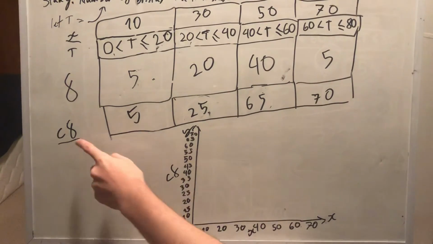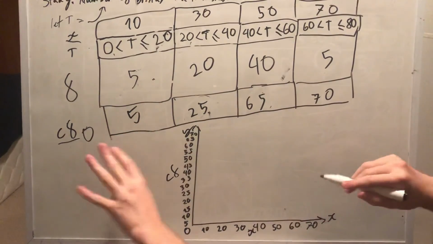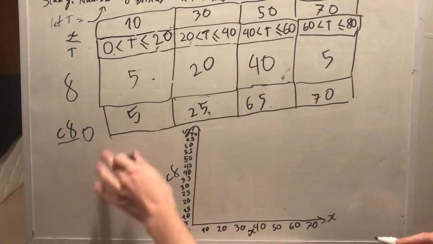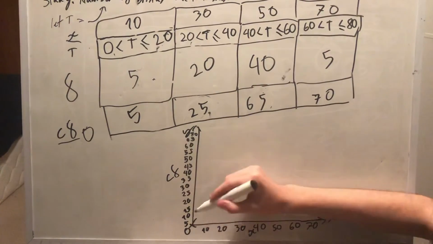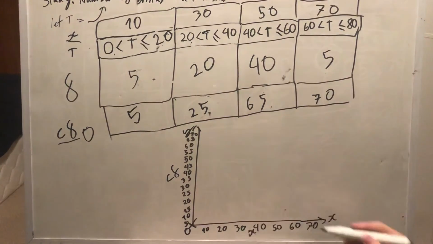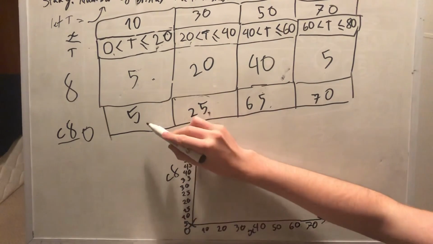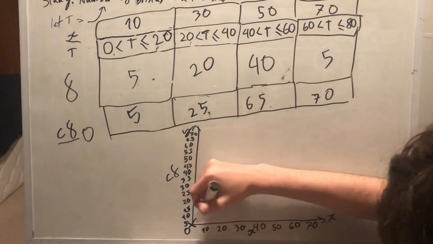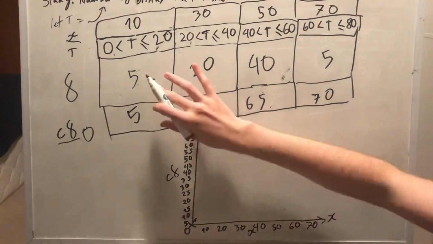Now, at the start, remember how I said cumulative frequency begins at 0, off there, off the graph, and then it starts at the frequency. Well, we sort of show that by starting at 0 there. Now, you don't always start at 0, but you usually start at 0. So we start at 0 there, okay? Then we go to the first one here, which is 5, so it's way down there, and that's 10.